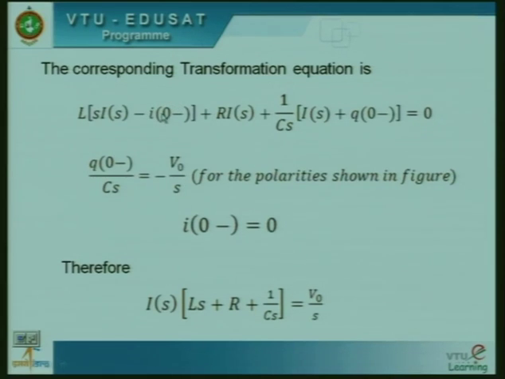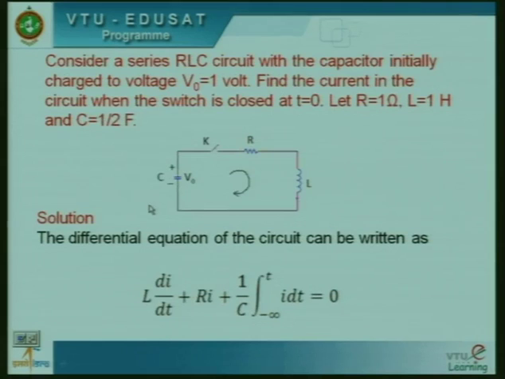But we know that initial value of current flowing through the inductor is 0, and this q naught by Cs term can be written as V naught by S, and this minus sign indicates the direction of charge on the capacitor.